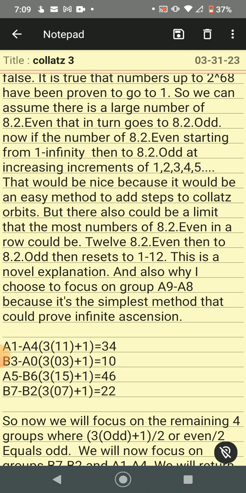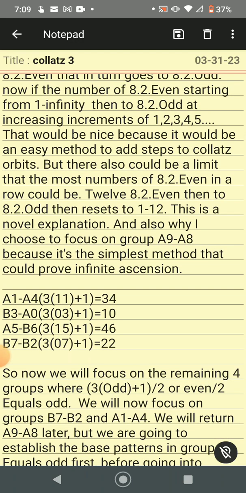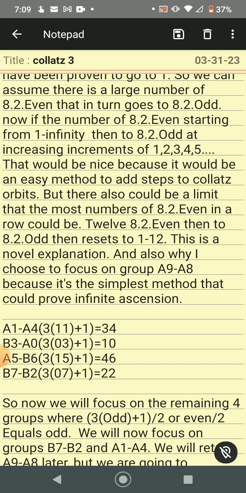It can reset every little bit, which it kind of does. But if there does exist an instance where 8.2 even only goes to 8.2 even, then it'll never go to 1 because it'll prove infinite ascension.